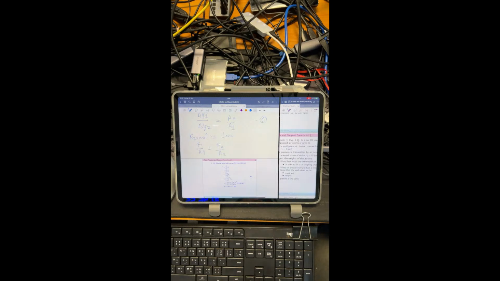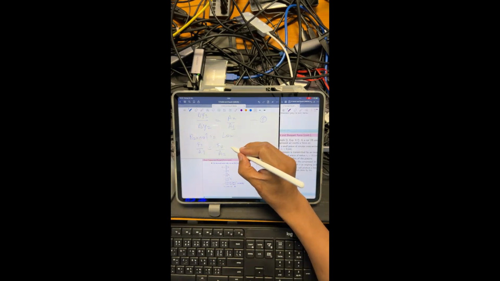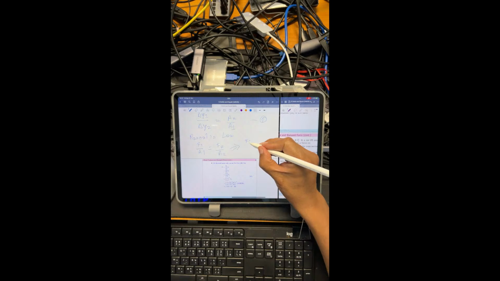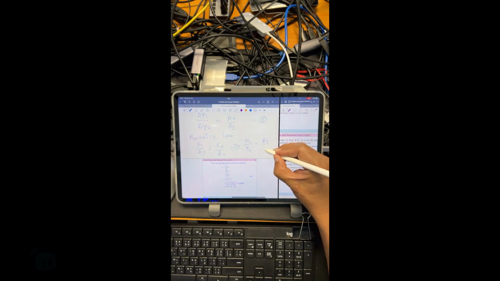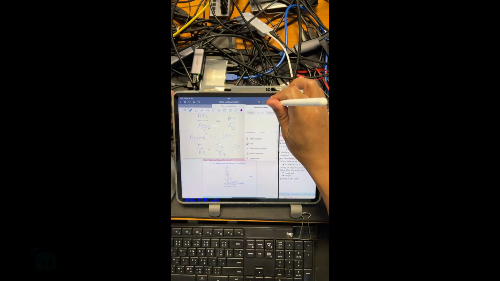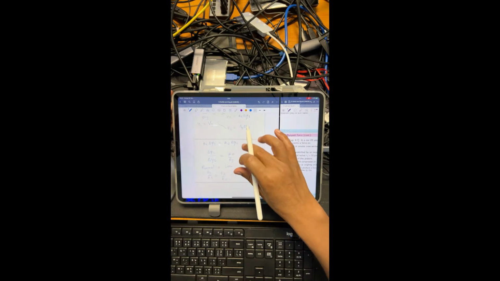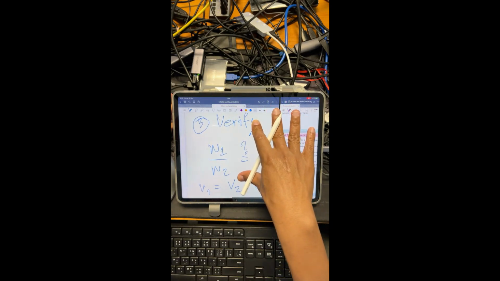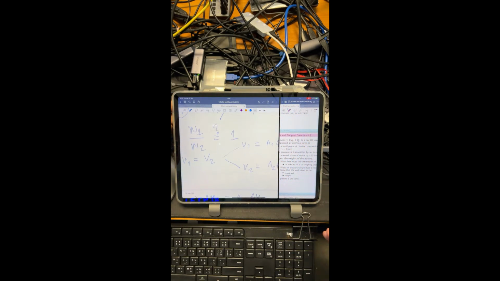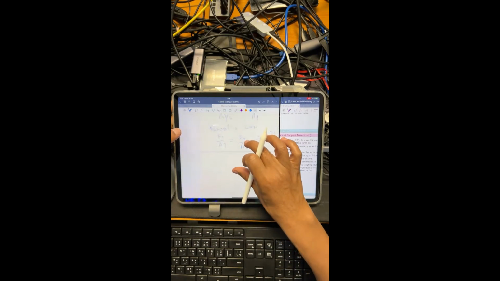So yeah, let's move something together to stay together. We could say that F1 by F2 will be equal to A1 by A2. Okay, and we keep this as the second equation. Now let's get to our destination. We want to see whether W1 divided by W2 equals 1 or not. Okay, what is W1?